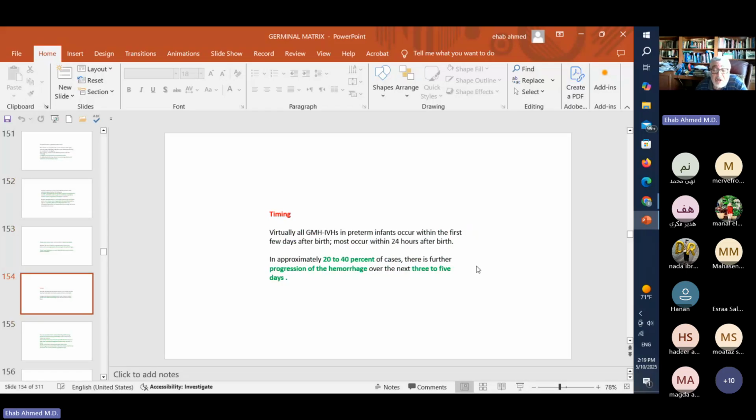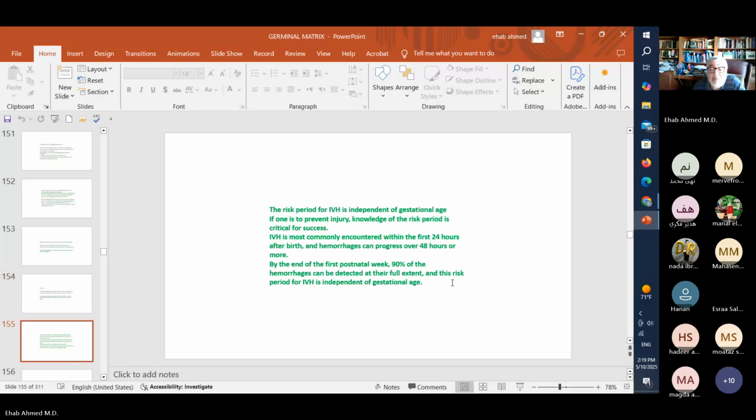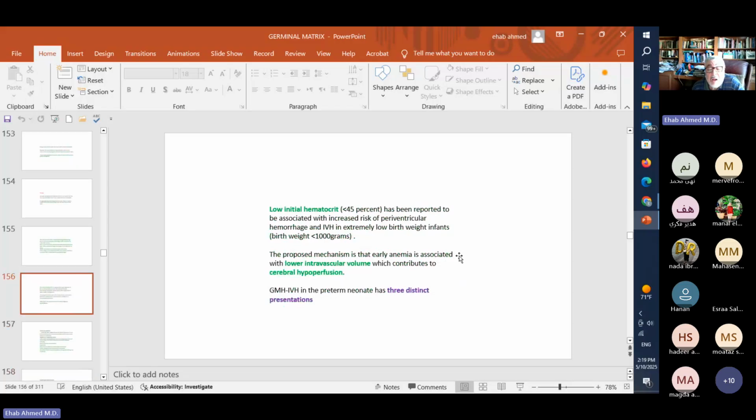After 7 days, no GM-IVH de novo, and in the first 3 days of life, most of the cases, like 90%. So this is the timing, which is extremely important. That's why screening for GM-IVH should start in the first day.